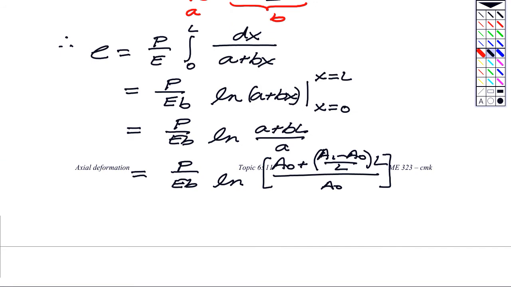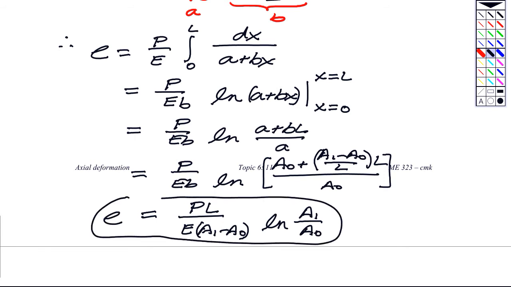So this gives PL over E times A1 minus A naught, times the natural log of the area on the right-hand side divided by the area on the left-hand side.